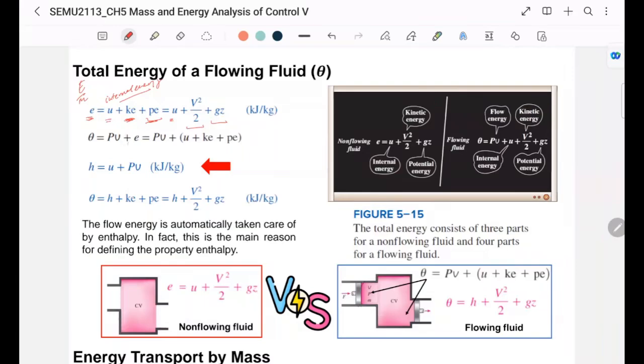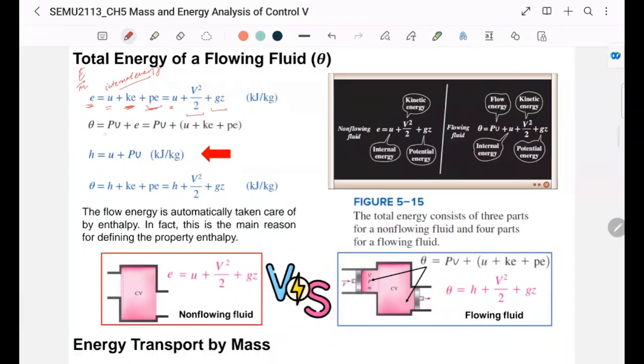And then we can simplify it according to this here. Because we want to introduce a new parameter, H, equal to U plus PV.